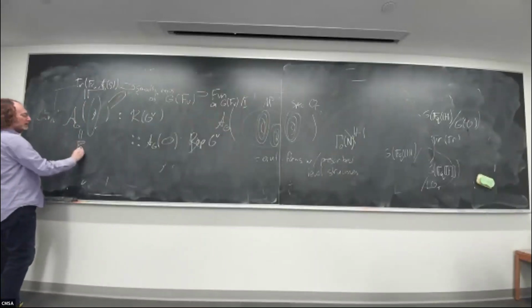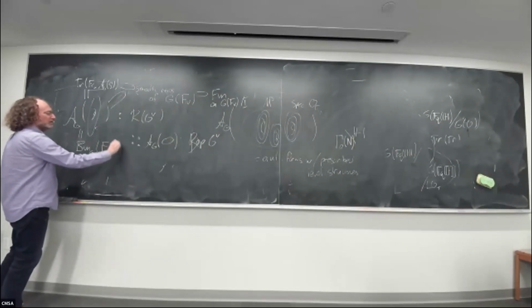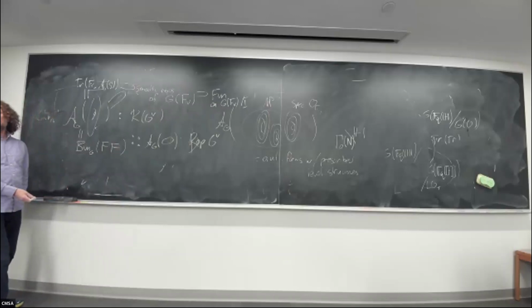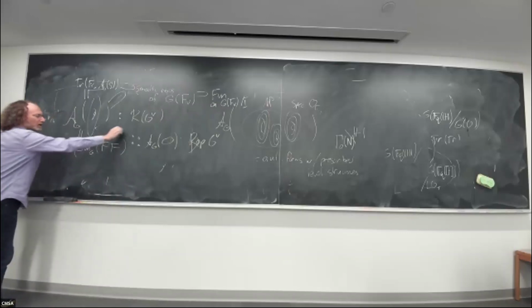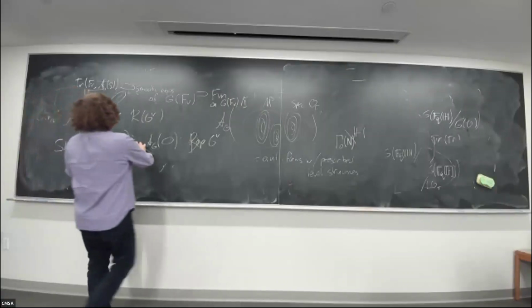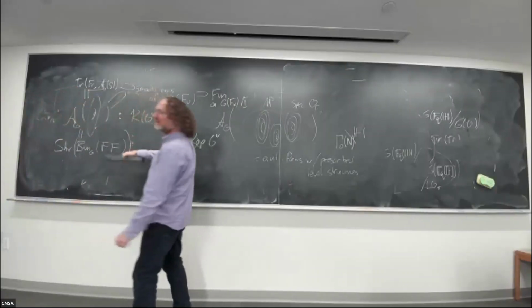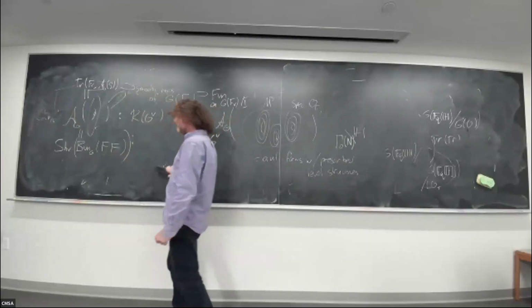You look at the stack Bun_G of the Fargues-Fontaine curve associated to your local field, and you look at the category of sheaves on Bun_G. That's the answer that Fargues and Scholze tell us, and there's a very natural way, Nick asked this question last time, in which you can see the category of representations sitting inside of here.